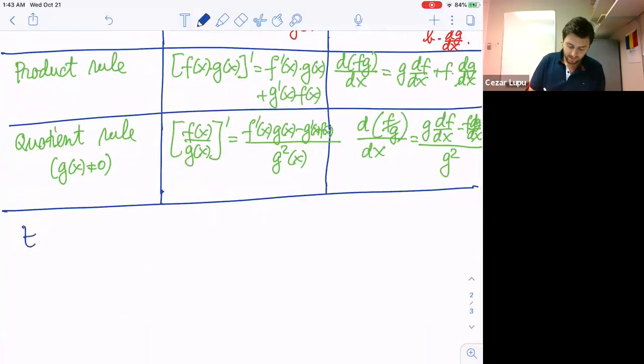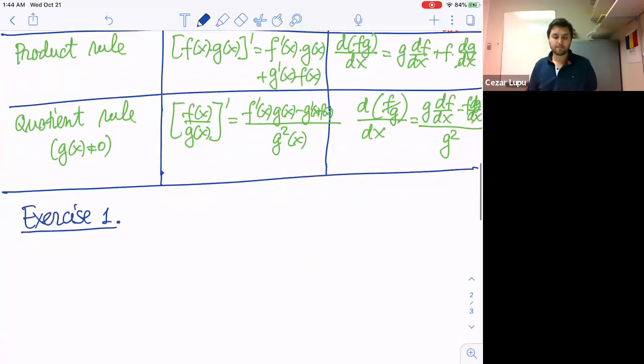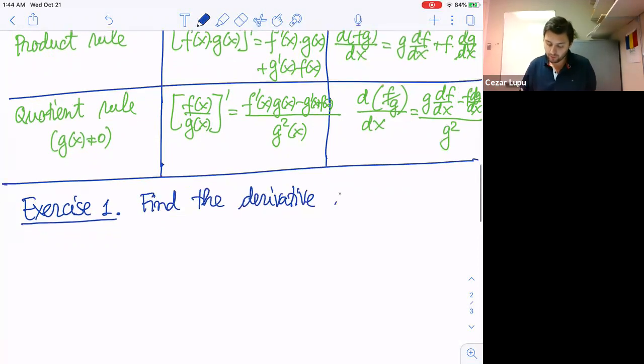So let's see exercise 1, which says the following. Find the first derivative, the derivative of the following functions.